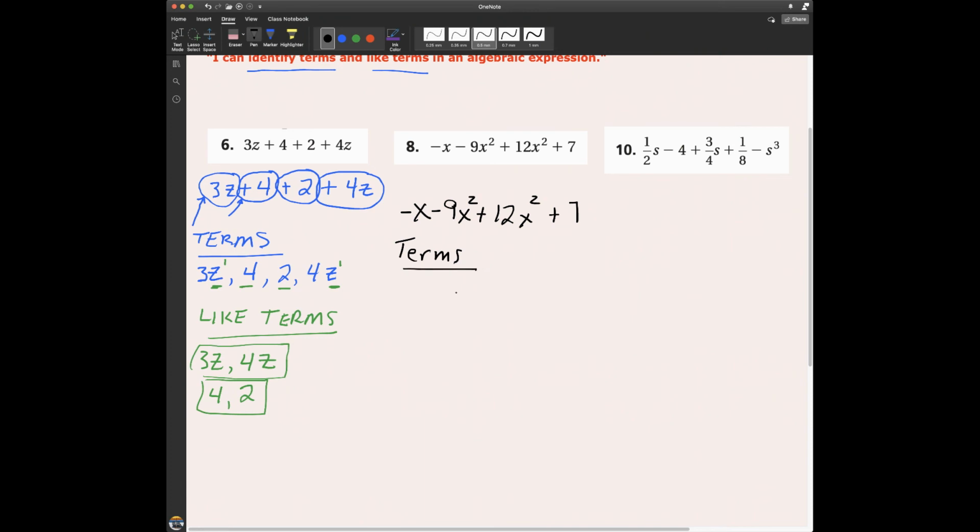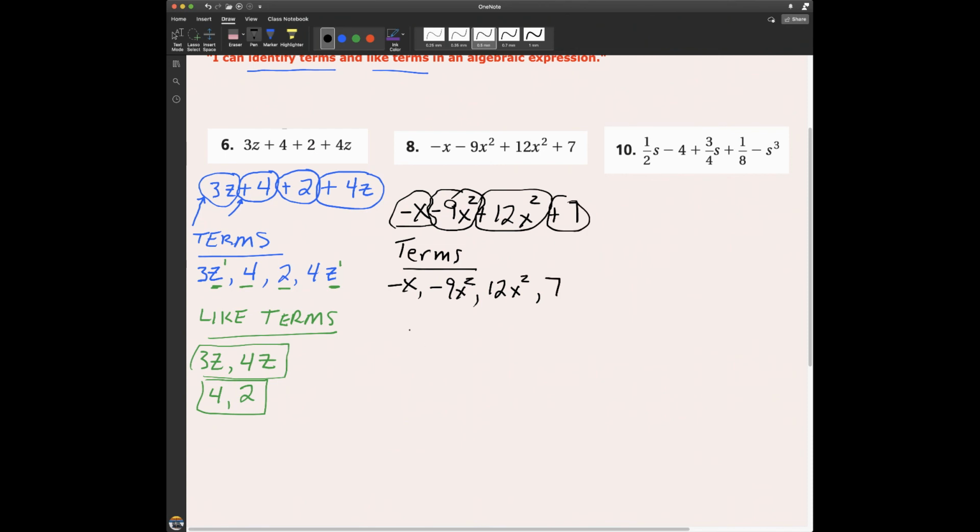The terms here are negative x, that's a term; negative 9x squared, that's another term; positive 12x squared; and the last one, positive 7.